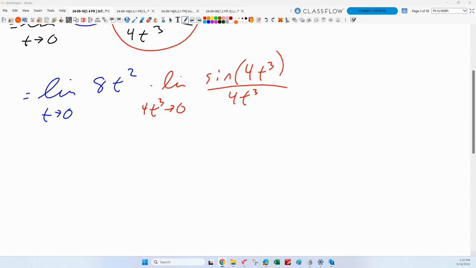Now I can answer both of those limits. I can directly evaluate this one and get an answer. This one I can't directly evaluate, but it fits my special limit pattern. What's the limit of the red limit? It's 1, exactly. What's the blue limit, everybody? 0, yep. Any question?